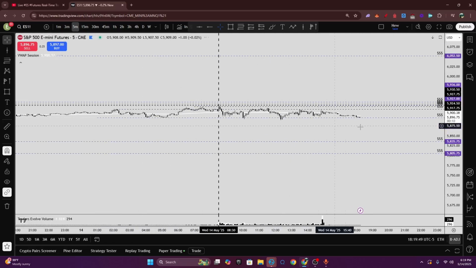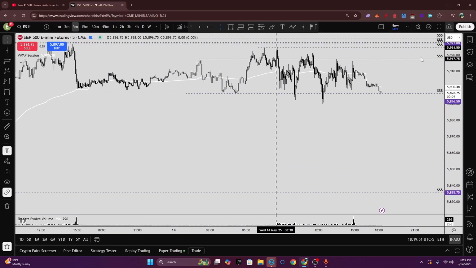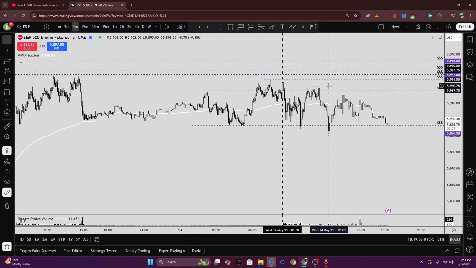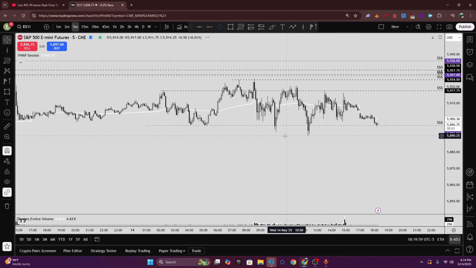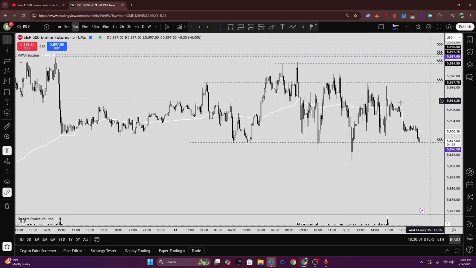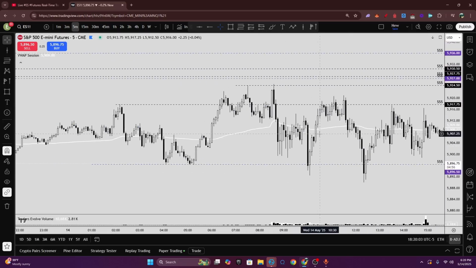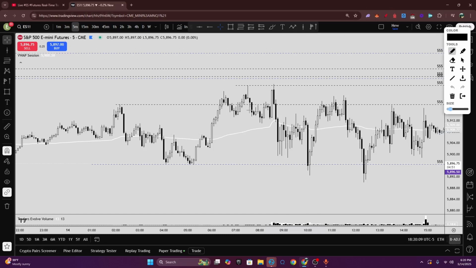Now, for the sake of backtesting and analyzing with Bookmap and footprint, I will stay on ES and create trade setups on ES. So let's see what happened right at market open. Prior to market open, what I noticed was that we swept this high and swept the liquidity at that area.